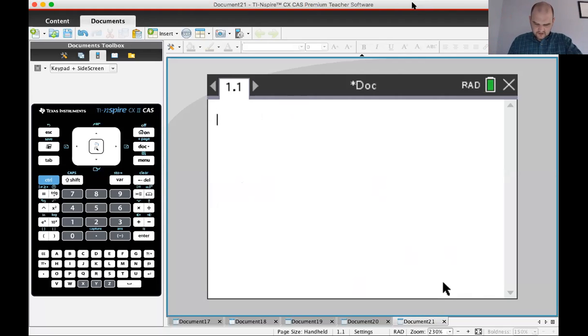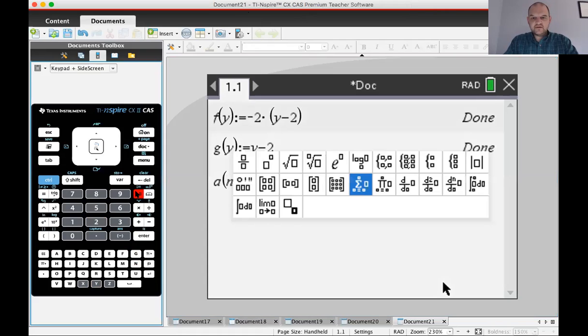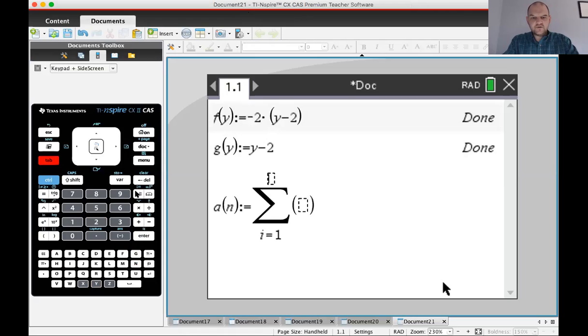All right, so I've got to define some things. I'm going to define f of y to be -2 times the quantity y minus 2. g of y is going to be y minus 2. All right, area as a function of n, we're going to use a summation template from i equals 1 to n of the quantity.